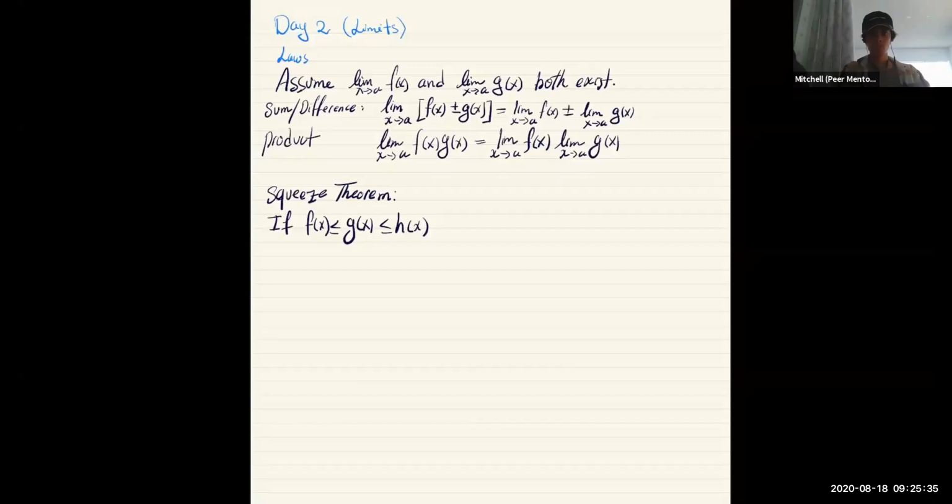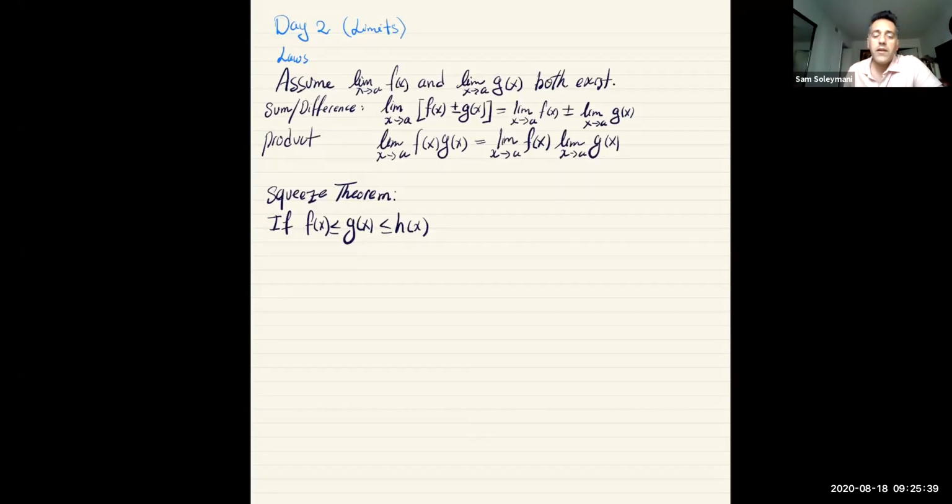Yeah, so look, the squeeze theorem assumes this, but this doesn't have to be true all the time. Okay, it doesn't have to be true all the time.